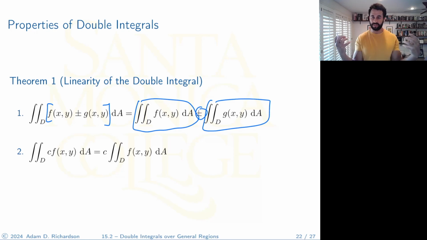So you can break apart double integrals over sums and differences. Additionally, you can pull out constant multiples from the integral. So if you want to integrate a constant multiple of a function, you can pull that constant multiple out and just multiply the integral afterward. Only if c is a constant.